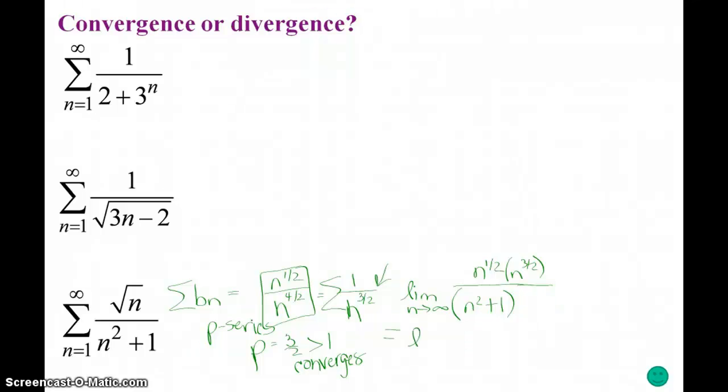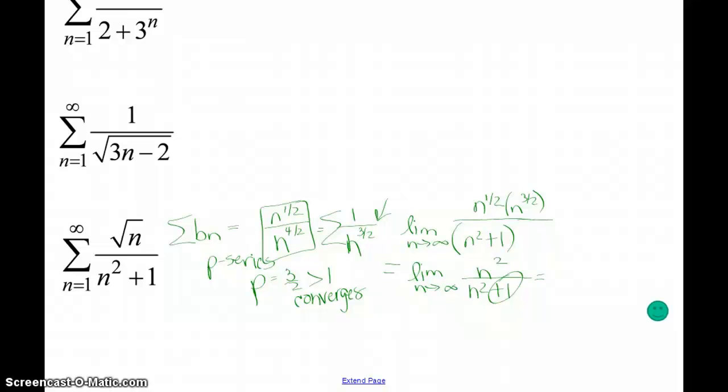So this turns out to be the limit as n approaches infinity of n to the 4/2 or n squared over n squared plus 1. This is where I'm okay if you skip a couple of steps, a couple of iterations of L'Hopital's. In our head, we know for large input values, that is of no consequence. And we know algebraically n squared over n squared has a value of 1.